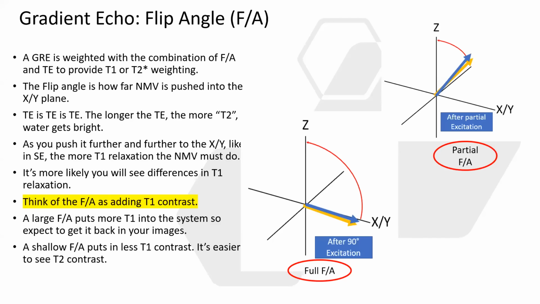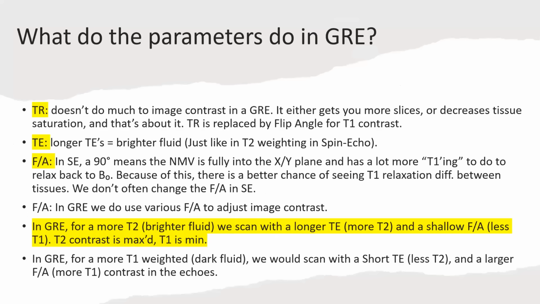We're nutating the net magnetization vector. The longitudinal net magnetization vector is getting nutated, flipped down to 90 degrees. But a partial flip angle, say 45 degrees, which is the top right, the nutation angle is 45 degrees. So that's another term that you guys have to remember.